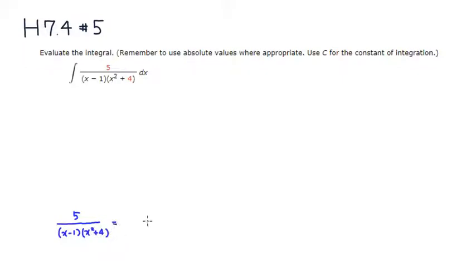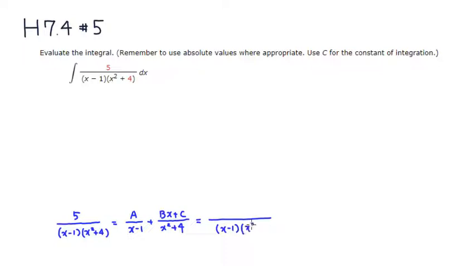Alright, so we can split it into A over x minus 1 plus Bx plus C over x squared plus 4. Right? For this one, I'm going to go ahead and combine them together. So we put these guys together again.